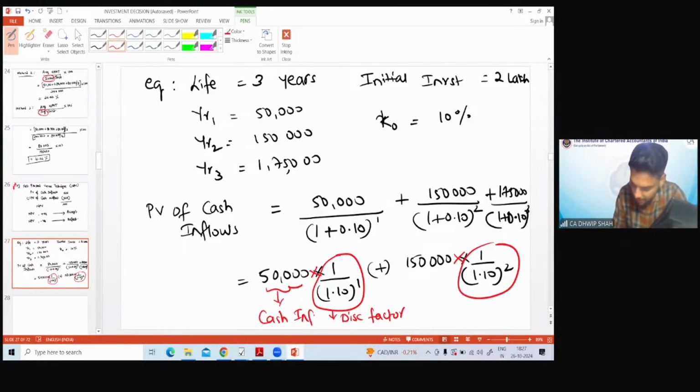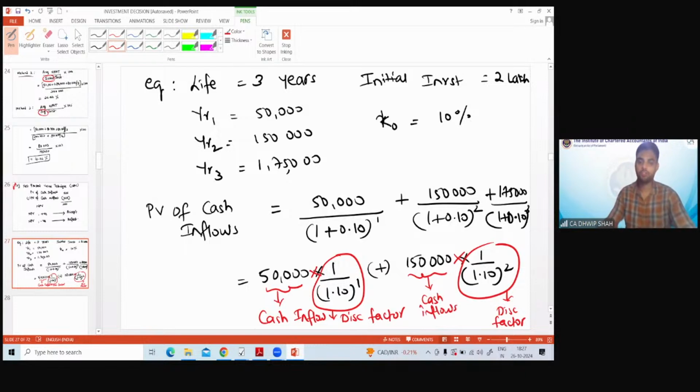Again, now try solving 1 divided by 1.1 raised to 2. 1 divided by 1.1, 2 times, equals 0.826. So again, this 0.826 is called the discounting factor, and this is called cash inflows.